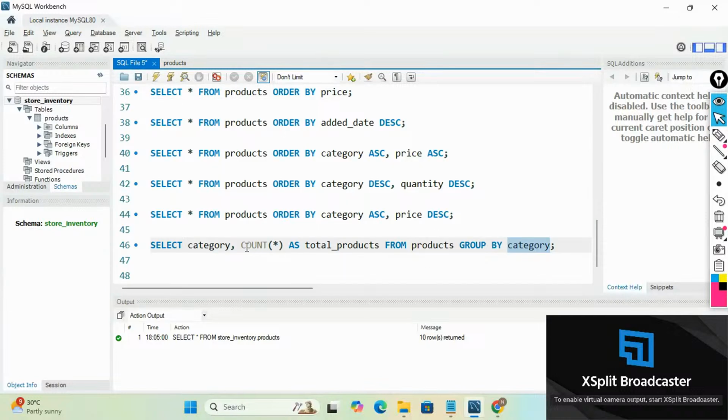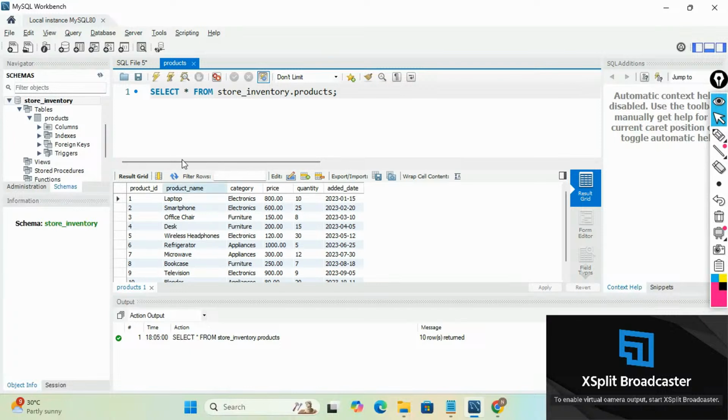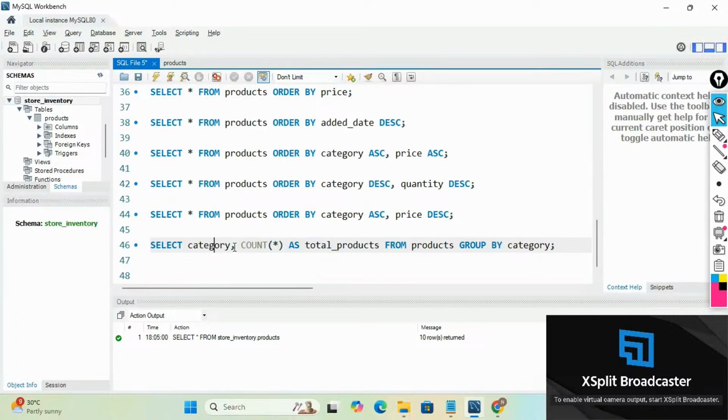What you are expecting in the output is clearly written here. One is the category, whatever categories we have. Along with that, we are also using an aggregation function, that is count. When you say count star, it represents everything, the total.